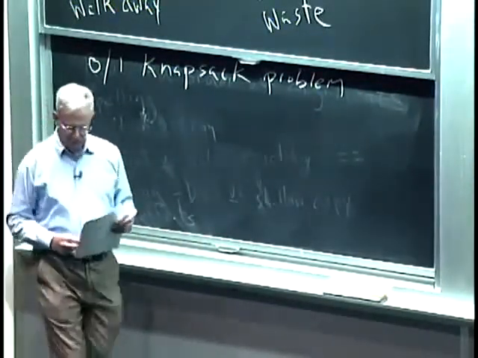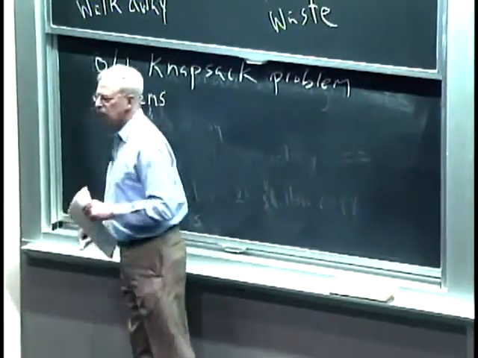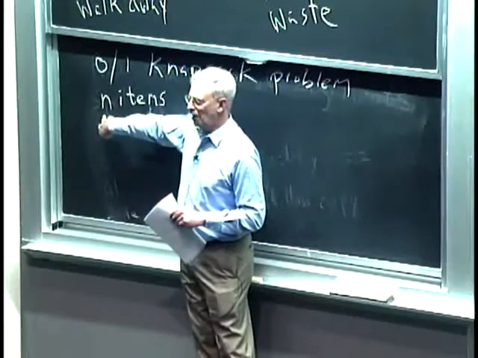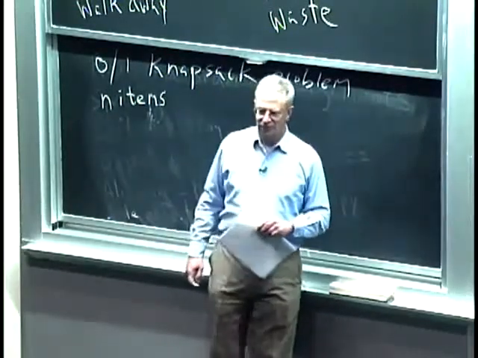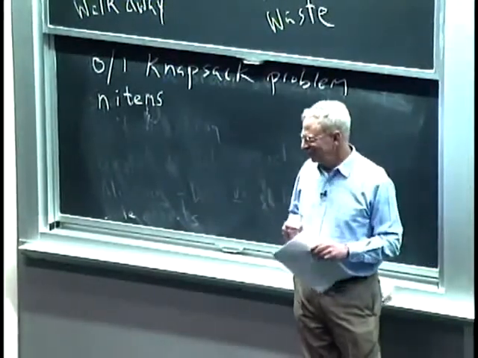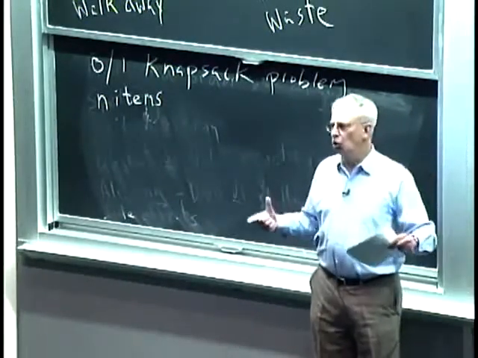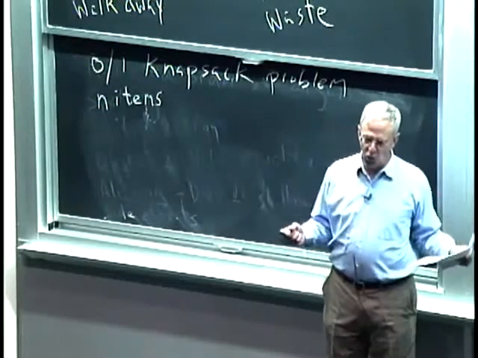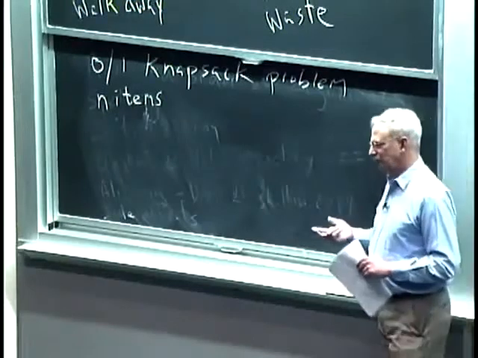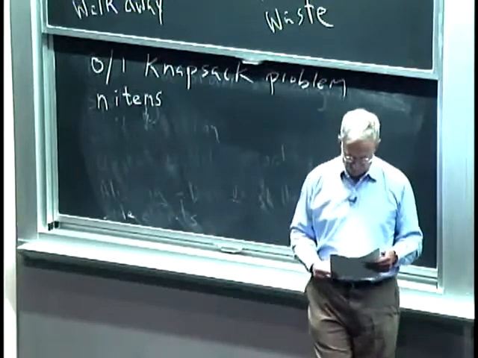The formulation is that we have n items, and at every step we have to either take the whole item or none of the item. In the continuous problem, the gold was assumed to be infinitely divisible, and so you could take as much of it as you wanted. Here, it's as if you had gold bricks. You get to take the whole brick or no brick at all. Each item has a weight and a value, and we're trying to optimize it as before.